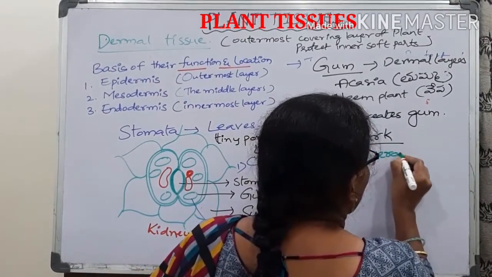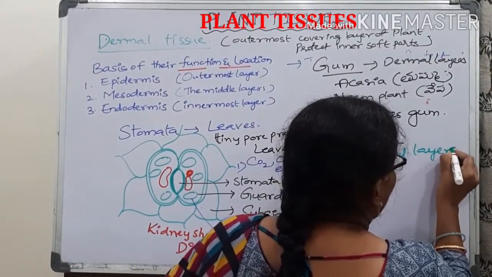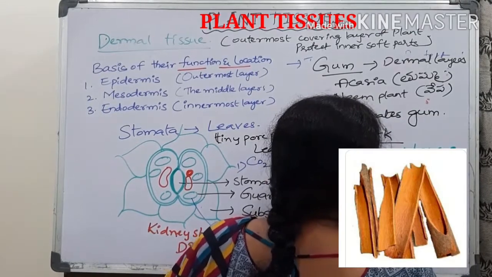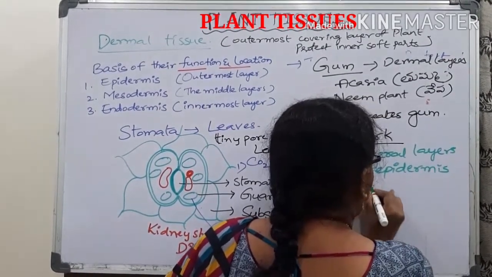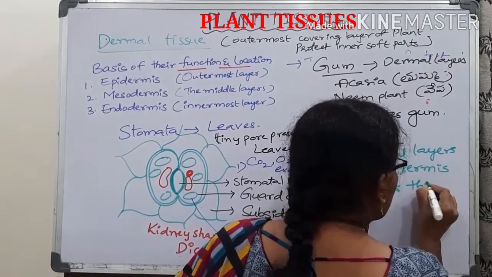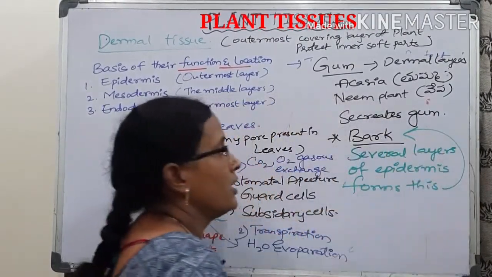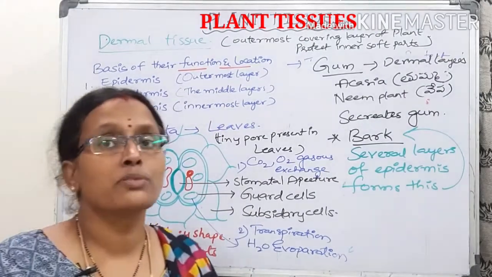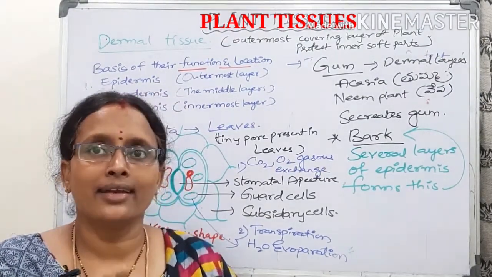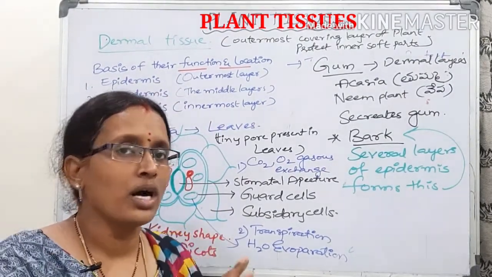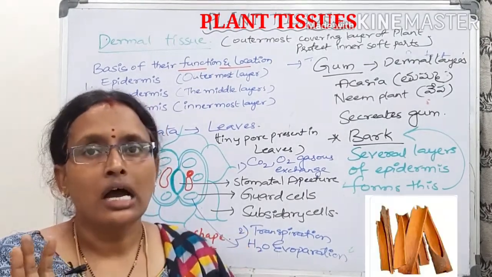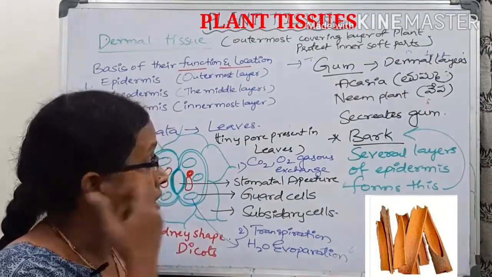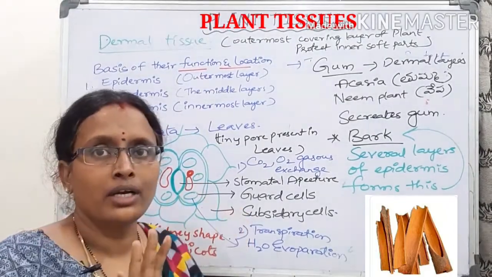Several layers of epidermis form this bark. Cinnamomum zeylanicum is the best example of bark. We use that, dalchina chekka. So this bark is also a dermal tissue.